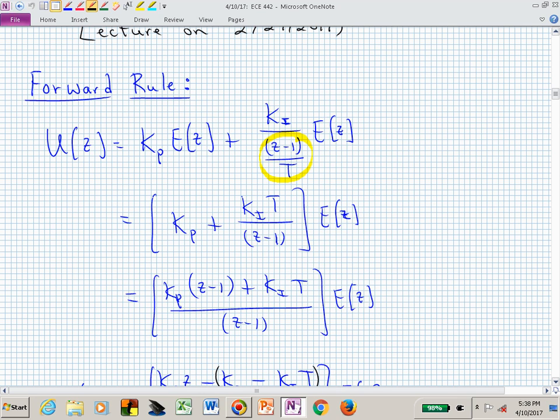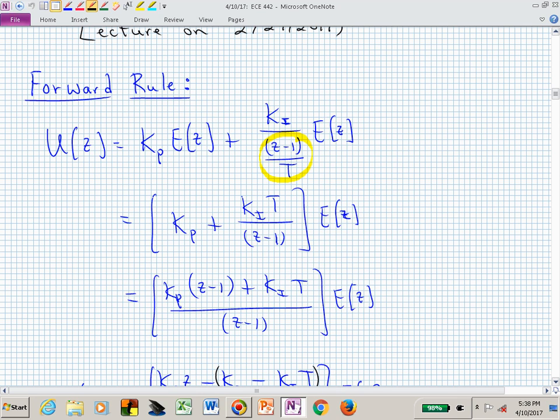Where is the pole in this transfer function between E and U located in a PI controller? It's right at Z equal 1, which is consistent with having a pole at the origin in the continuous time case.